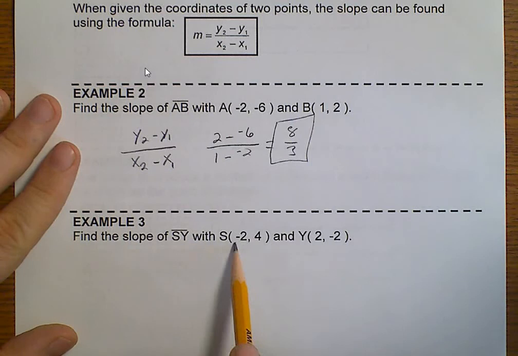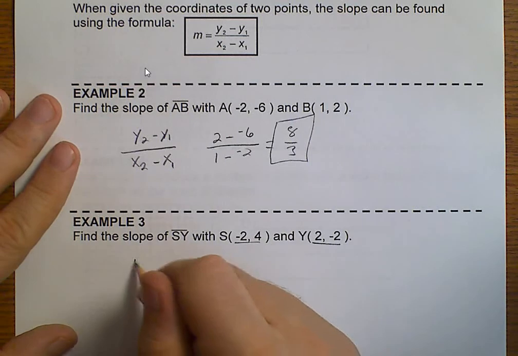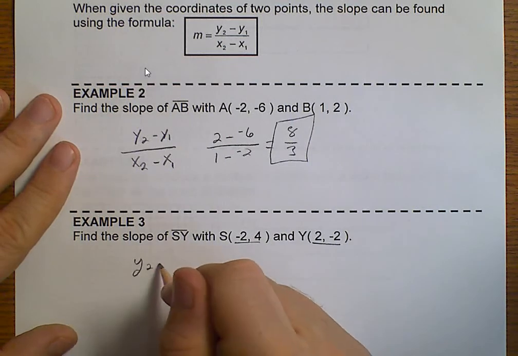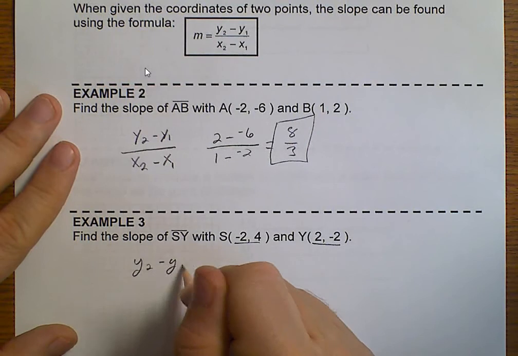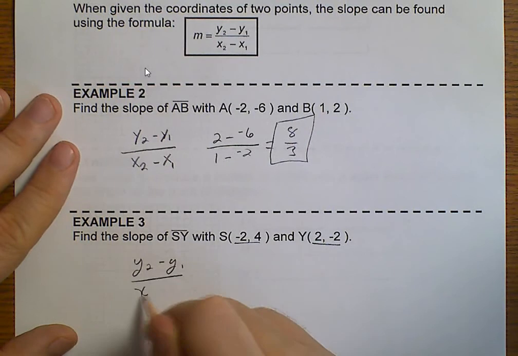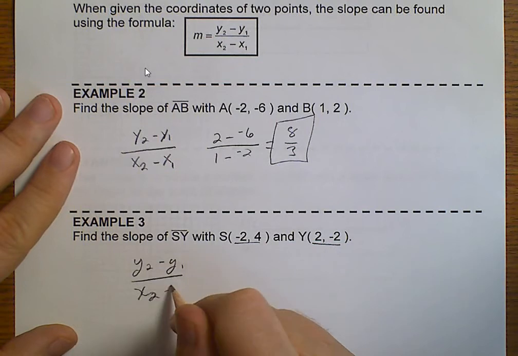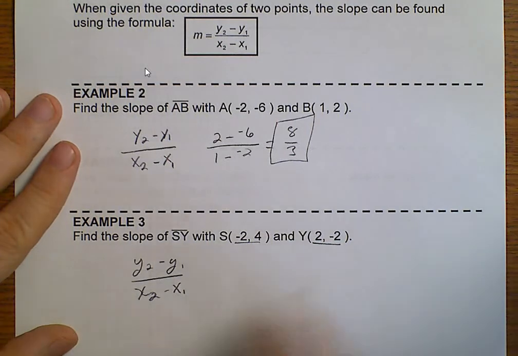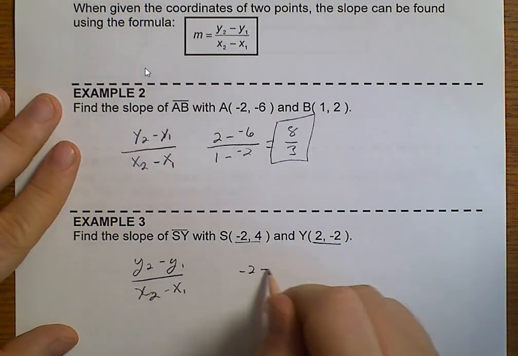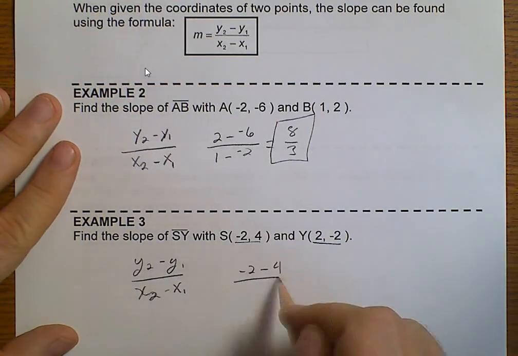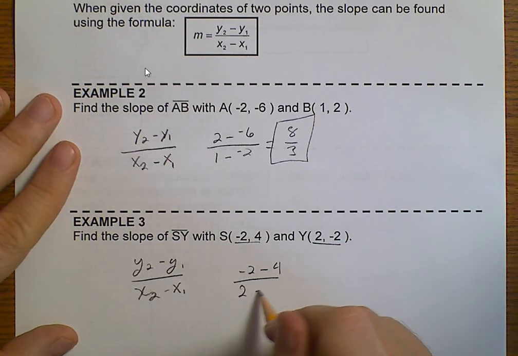Given these 2 points, y2 minus y1 over x2 minus x1. So y2 would be negative 2 minus 4 over 2 minus negative 2.